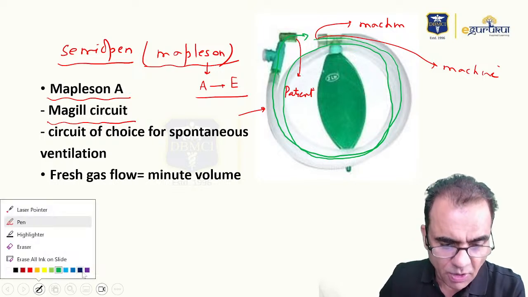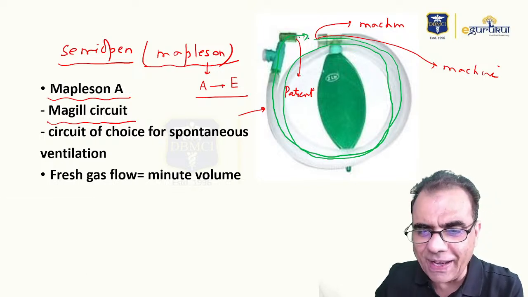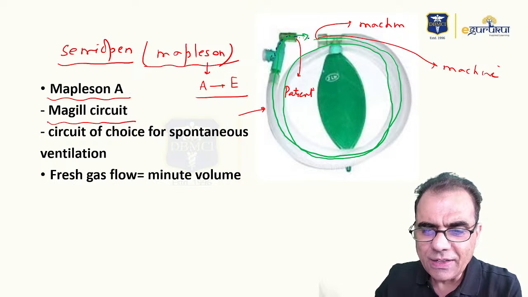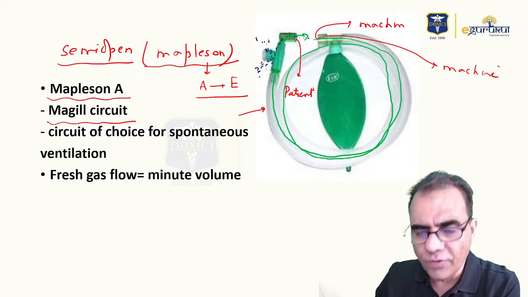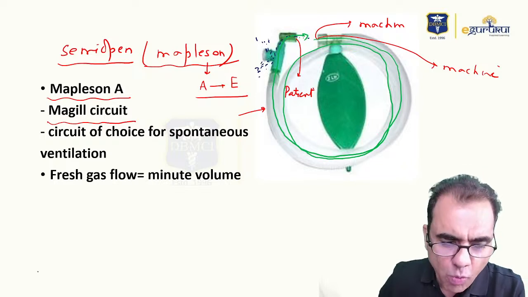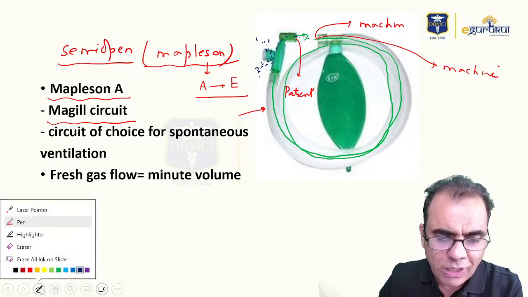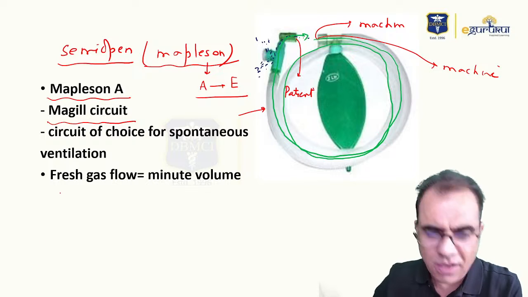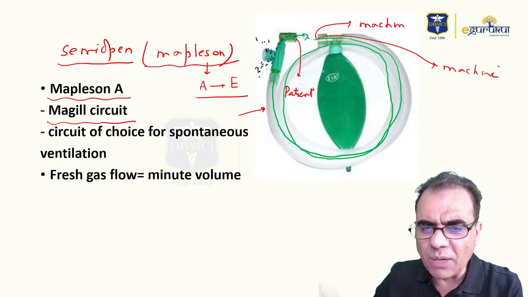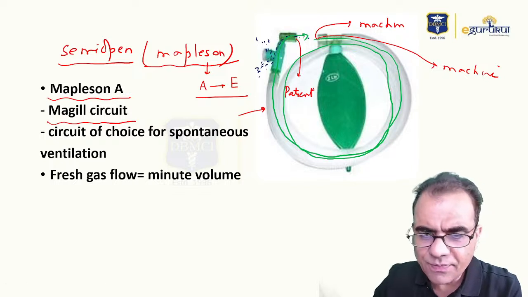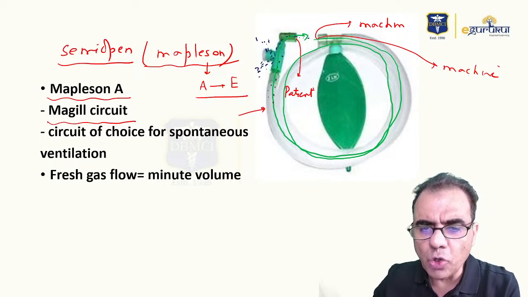Now the patient's expiratory gases will be expired out into the atmosphere through this expiratory valve. Actually, how much flow we should keep in each kind of circuit, no need to go into details, but just to give an idea: some of these expiratory gases will go back into the tubing also.